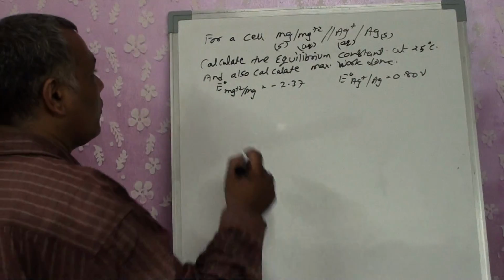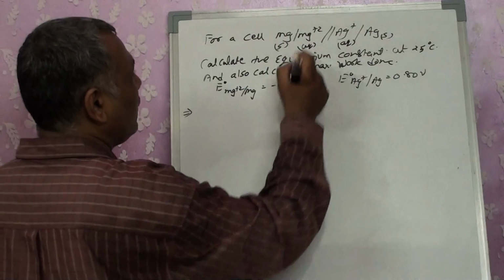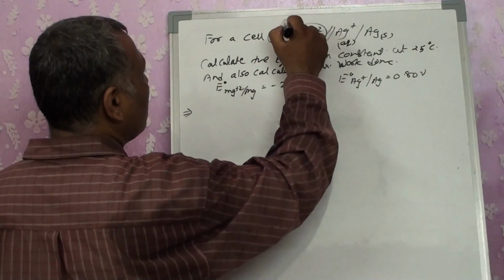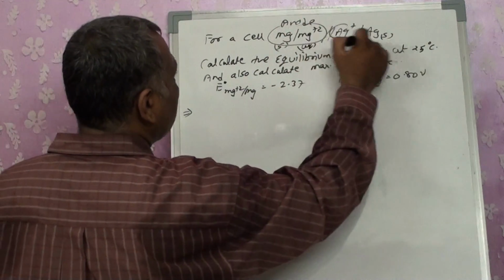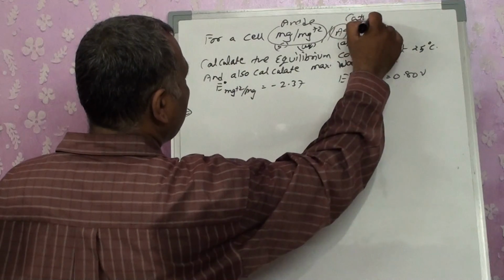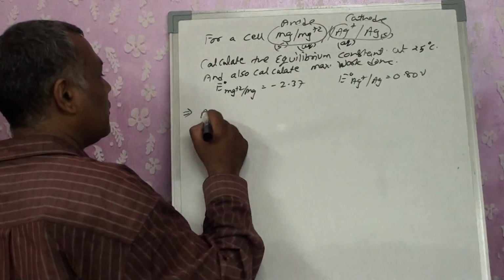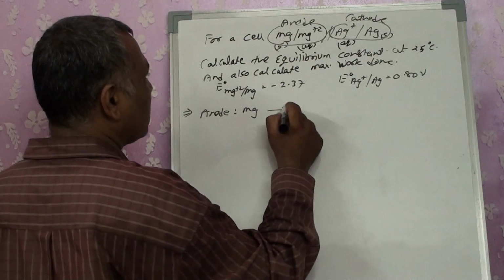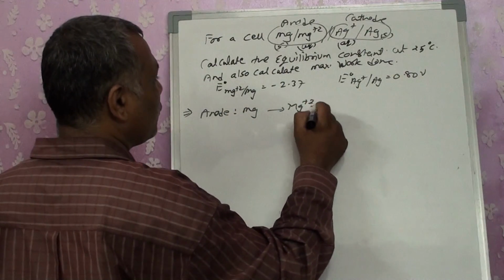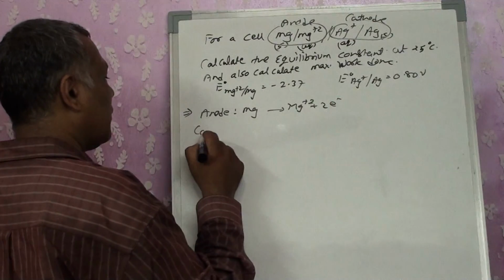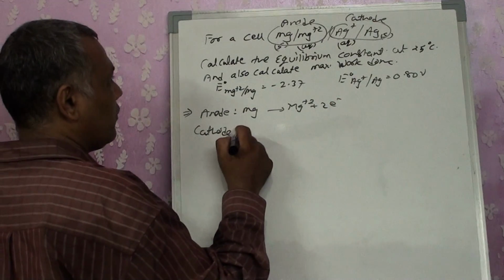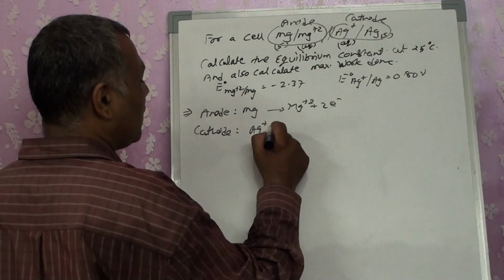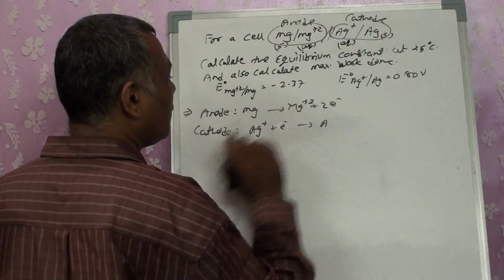From the given data, we know that Mg is the anode and Ag is going to act as the cathode. The anode reaction: Mg gets converted into Mg2+ plus 2e. On the cathode: Ag+ plus electron gets converted into Ag.